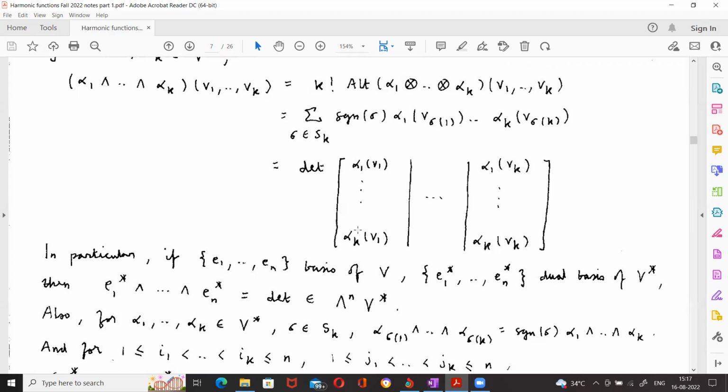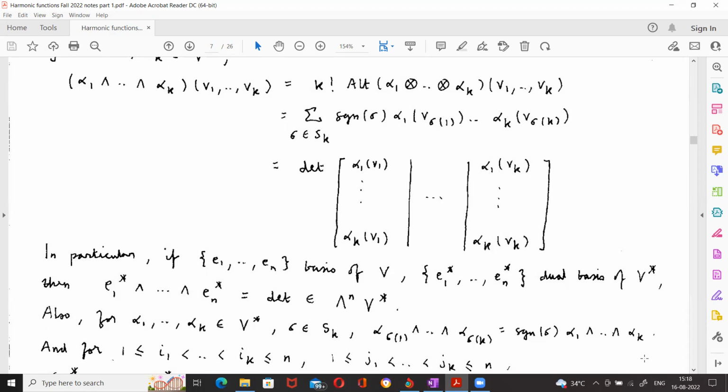So then this determinant will be just the determinant of the matrix with columns V1 to Vk. So that means E1 star wedge En star is just equal to the determinant, where the determinant I think of as an element of wedge n V star.